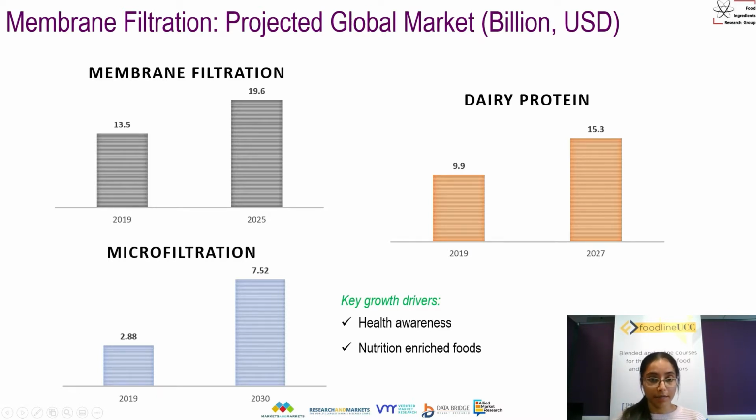As you can see here, the projected global market for membrane filtration and microfiltration is growing, as there is a rising awareness among health conscious consumers and a growing demand for nutritionally enriched foods, and so is the demand for the dairy protein market.